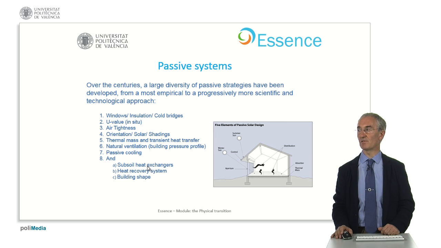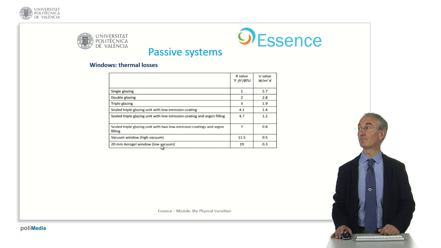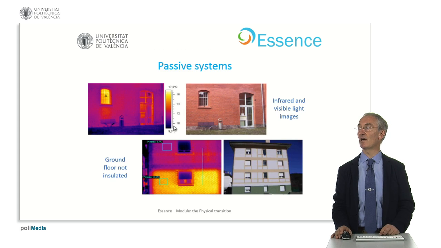Again, there are some other possibilities like subsoil heat exchangers, heat recovery, or even the actual shape of the building that can provide solutions through this passive design of the house. Here you have some examples to develop, and basically this is the result.